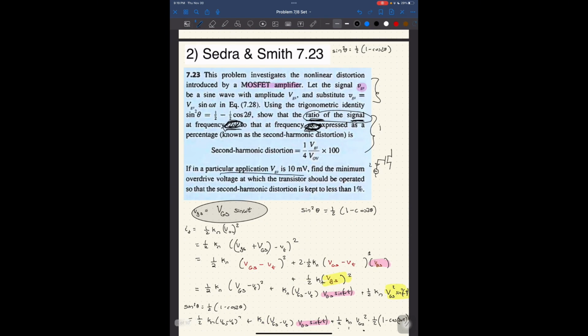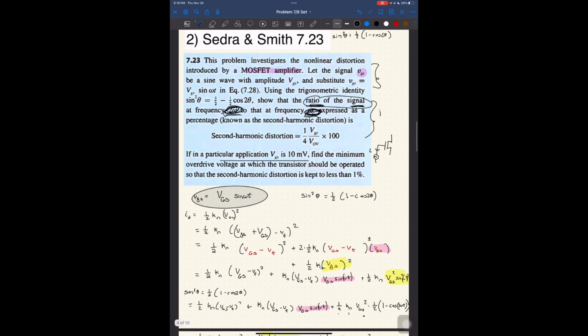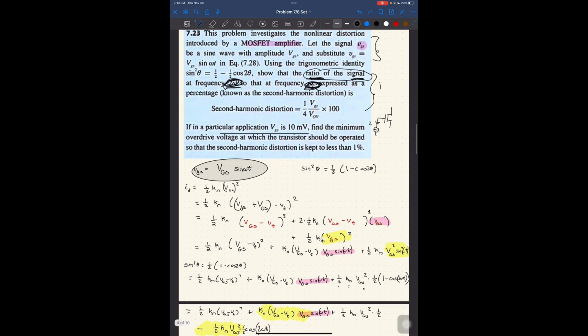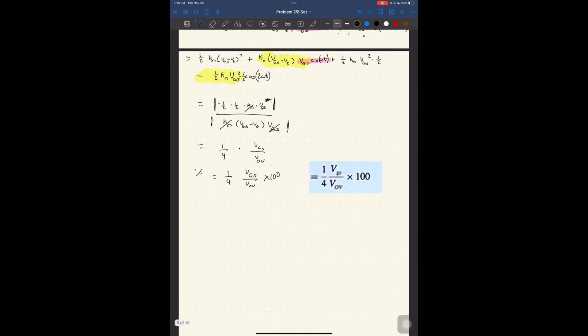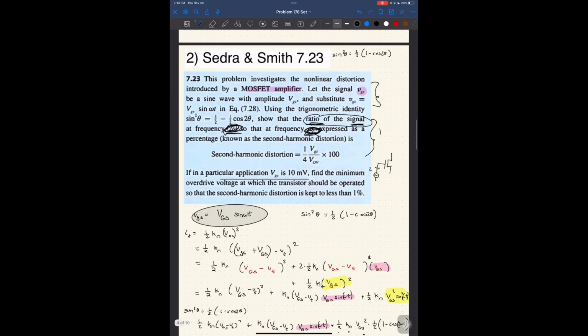In a particular application, VGS is 10 millivolts. Find the minimum overdrive voltage at which the transistor should be operated so that the second harmonic distortion is kept to less than 1%. Okay, so if I understand that as a percentage, it's 1/4 VGS over VOV times 100 is equal to 1%. Then 1/4 VGS over VOV is equal to 0.04, right? 0.01 times 4 is 0.04.